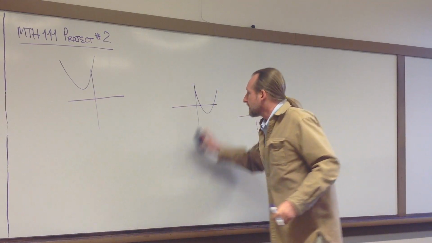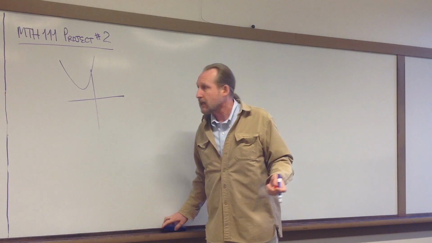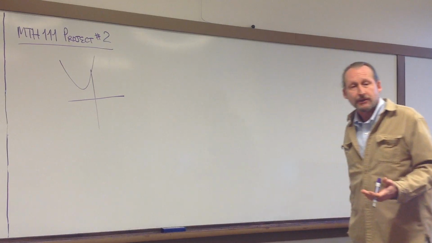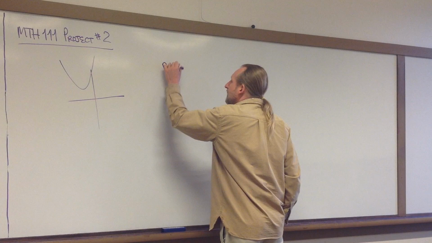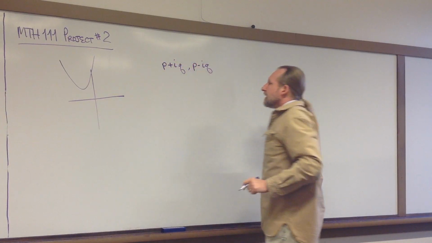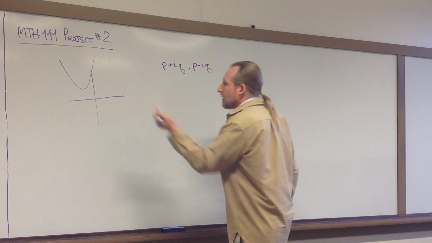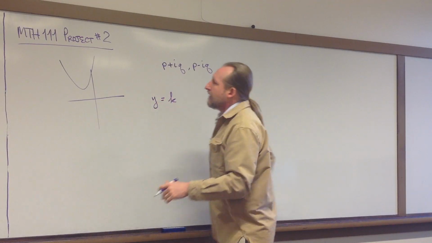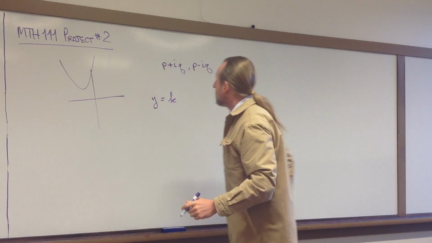So that's what this project is all about: a parabola that represents a quadratic equation with complex roots. If we identify these roots as p plus iq and p minus iq, then we can build an equation for the parabola as k, and that's going to determine how skinny or wide it is.